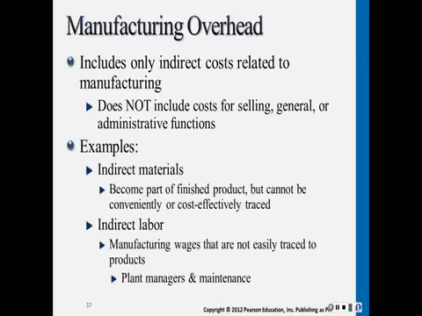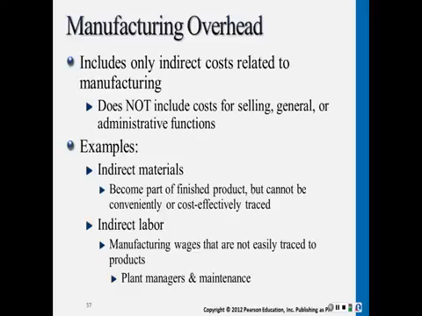Since these low-priced material costs cannot conveniently be traced to a particular cake or DVD, or are so minor that we don't want to trace them to a specific cake or DVD, these costs are called indirect materials and become part of manufacturing overhead.